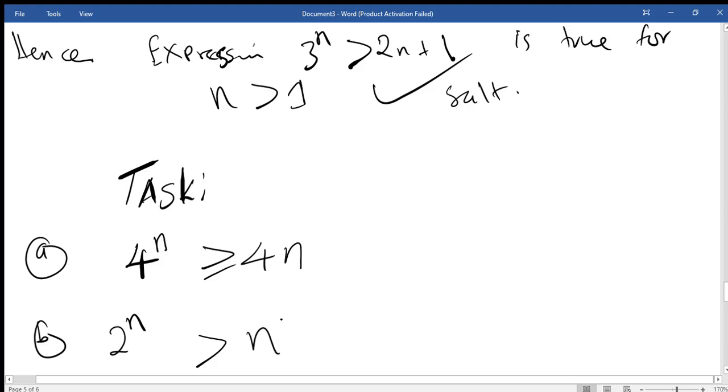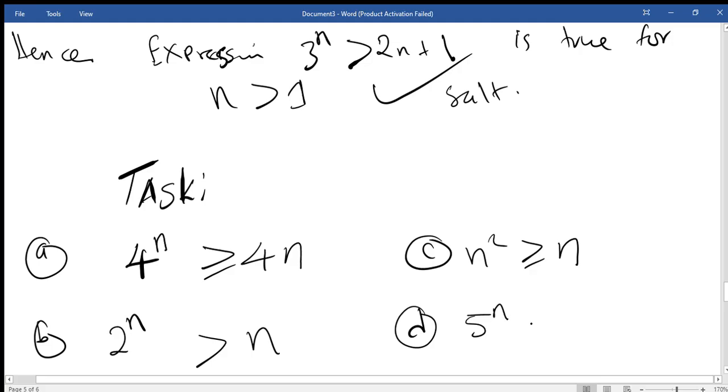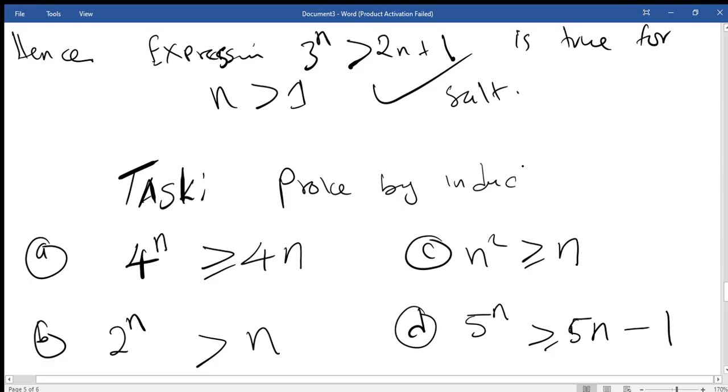And then can you also prove for c, n squared greater than or equal to n? These ones I've added, and then you can also prove 5 power n is greater than or equal to 5n minus 1. So prove by induction the following.